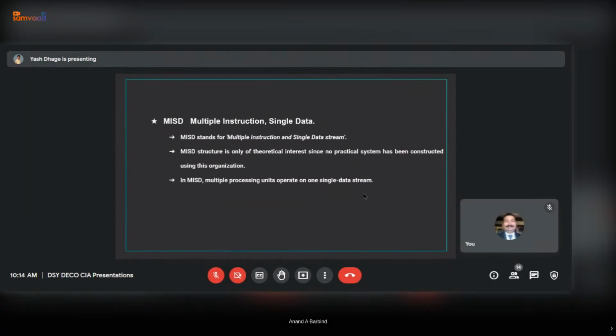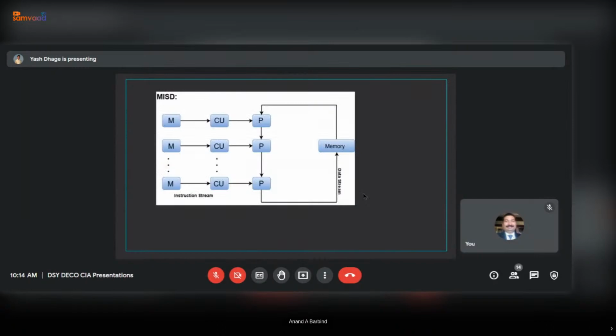In MISD, multiple processing units operate on a single data. The best example of MISD is systolic architecture. In this architecture, suppose there is some data in memory. The first processor takes some data from memory and performs an addition operation on it, and then the second processor performs another operation on the same data, and another processor performs a different operation on the same data and stores it to memory.